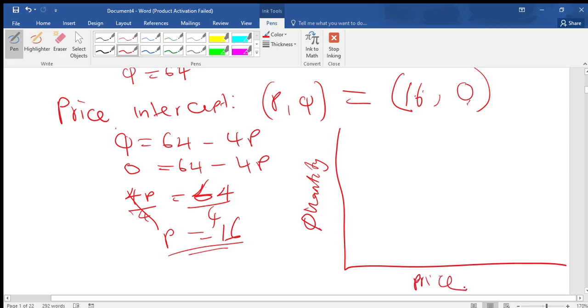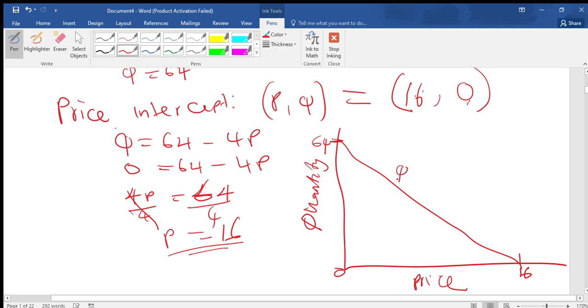This is a straight line with a negative slope, slanting in that direction. It crosses at the price intercept, which is (16, 0), and the quantity intercept, which is (0, 64). That's how your sketch will be.